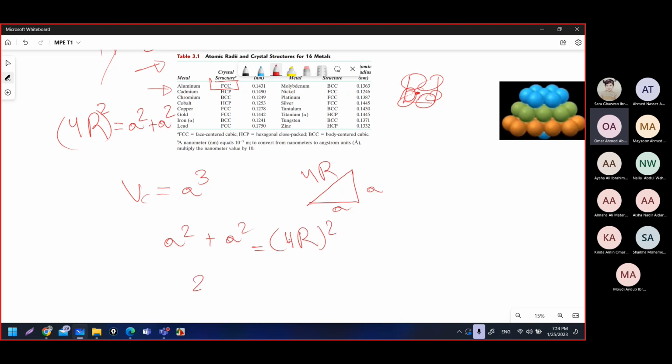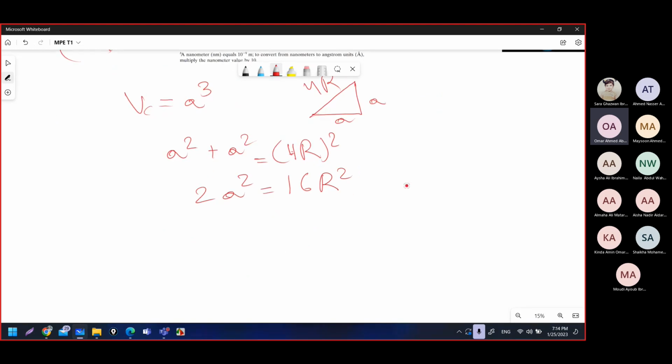So this equals 2a squared, and after the square, it will be 16r squared. Let's divide by 2. We'll have a squared equal to 8r squared.